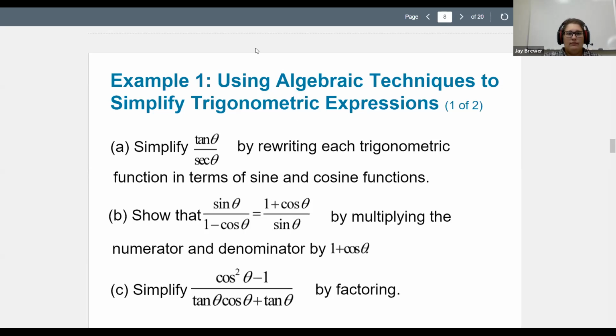Well, we can do it off to the side. So tangent is what? Sine over cosine of theta. Okay, so sine. And if you guys are okay with it, I'm not going to write thetas out over cosine. And then what's secant?